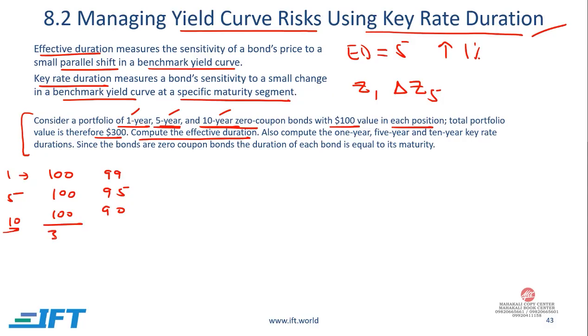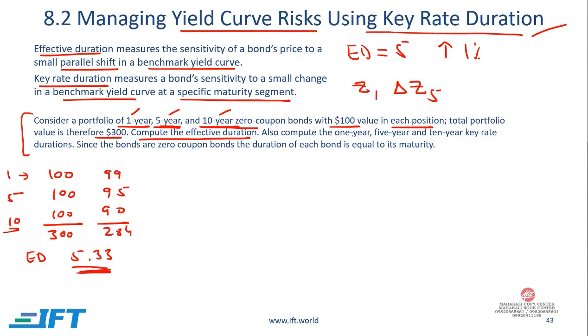So the portfolio value will go down from 300 to 284. This is a 5.33% decline, which means that the effective duration is 5.33. A 1% increase in the benchmark rate will cause this portfolio to go down by 5.33%.